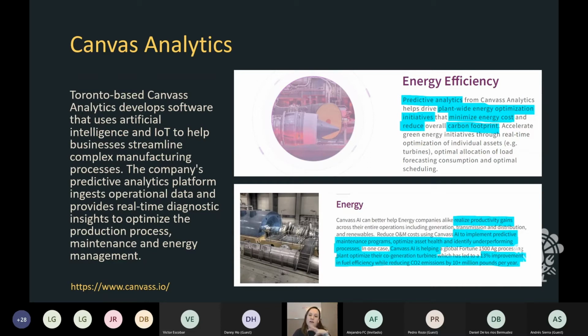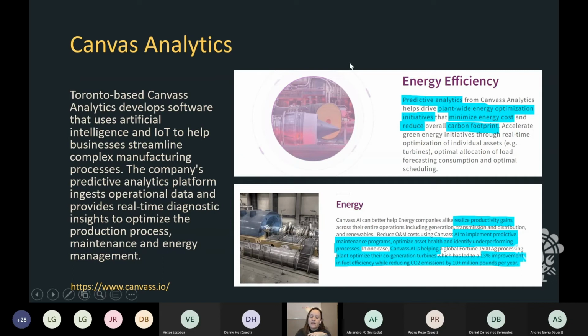So they include this platform or AI to predict how these companies that sell energy or have oil and gas can optimize or minimize the energy cost and reduce their carbon footprint. As we said before, Canada is very sustainability oriented. So if you have a sustainable story, I encourage you to use it.